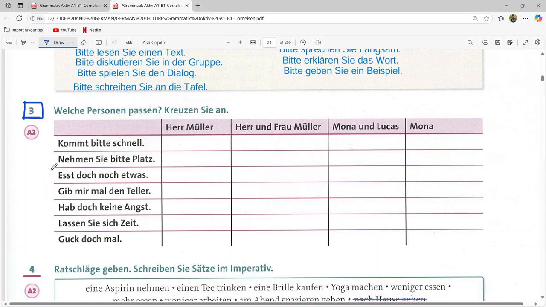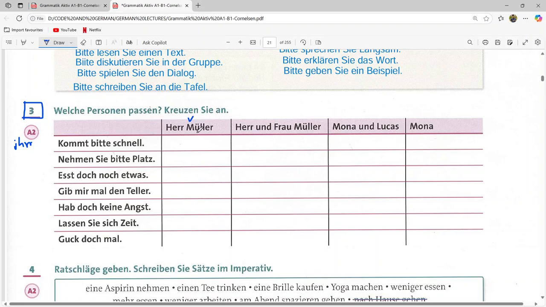Okay. Now let's see. Kommt bitte schnell. Come please quickly. Here the verb kommen is in the ihr form. Right, the ihr form means you plural. So here can you plural be used?